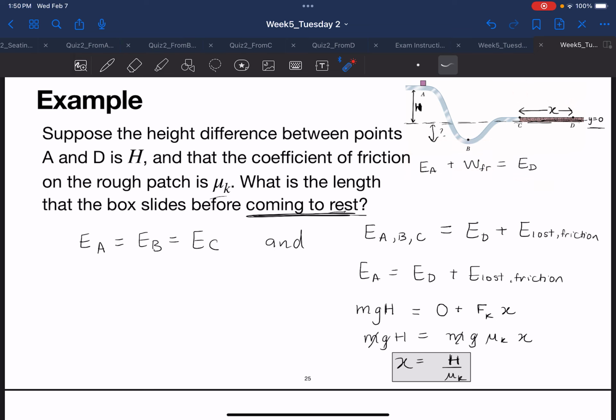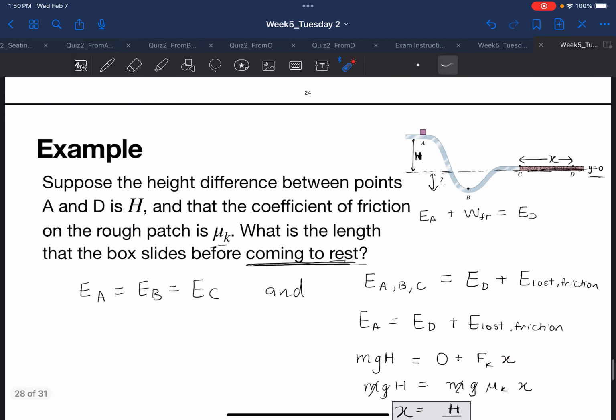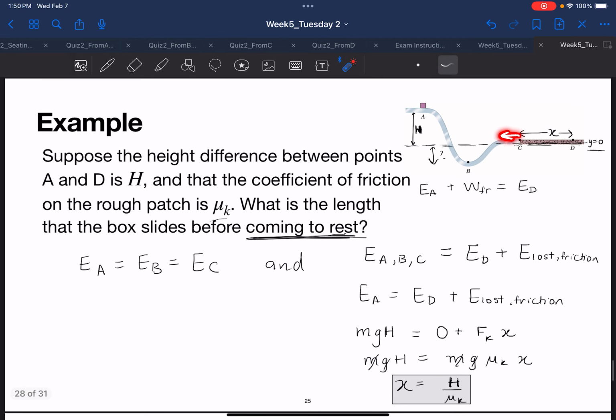But if you choose to quantify that negative work done as energy lost, it's a positive quantity on this side that's quantifying how much energy was lost due to friction. And that energy is just force times the distance the block travels. And since they happen to be anti-parallel to each other, there's no cosine of an angle that needs to be included.